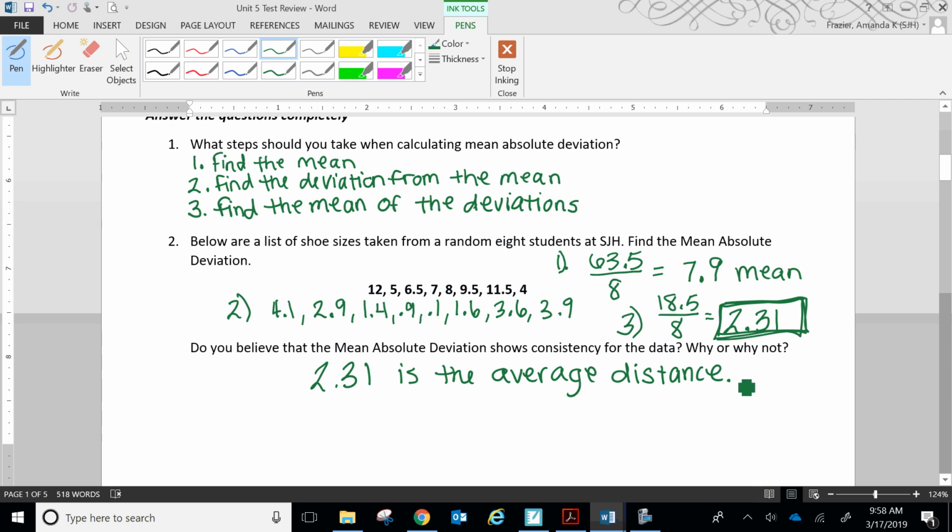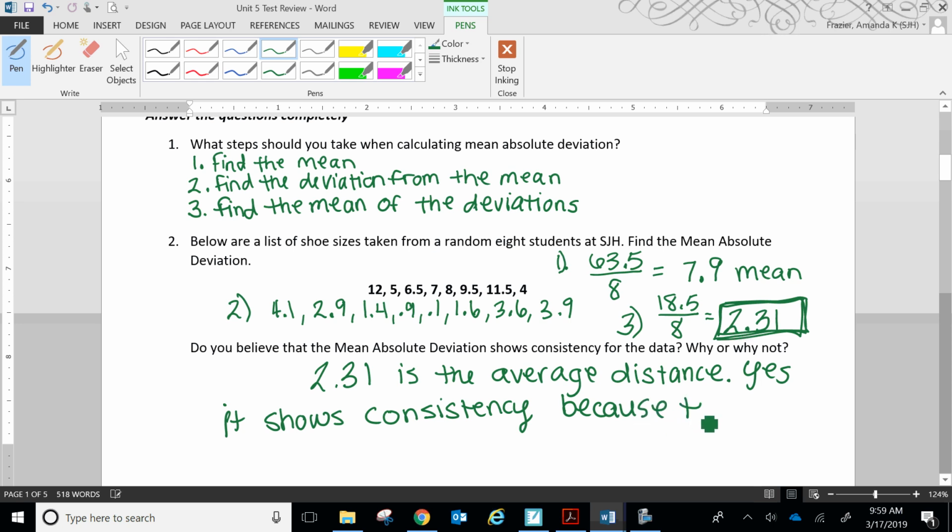And in this case, yes, it shows consistency, because there is a small distance between the data and the mean.